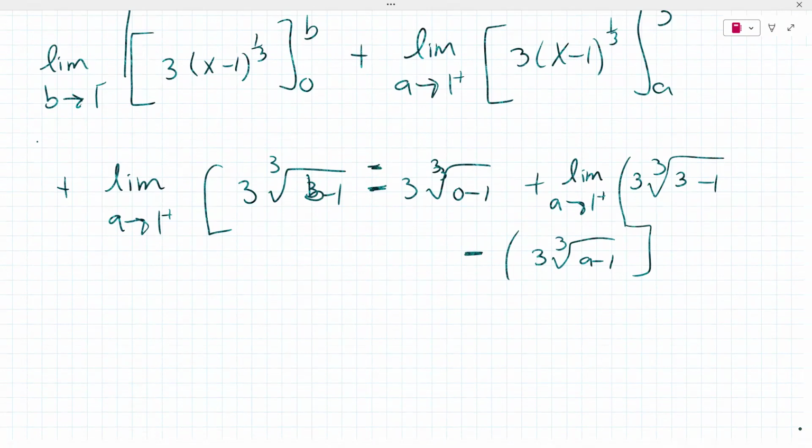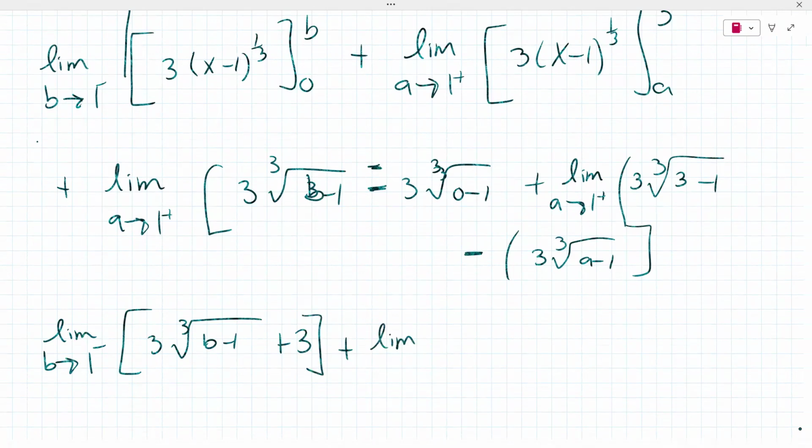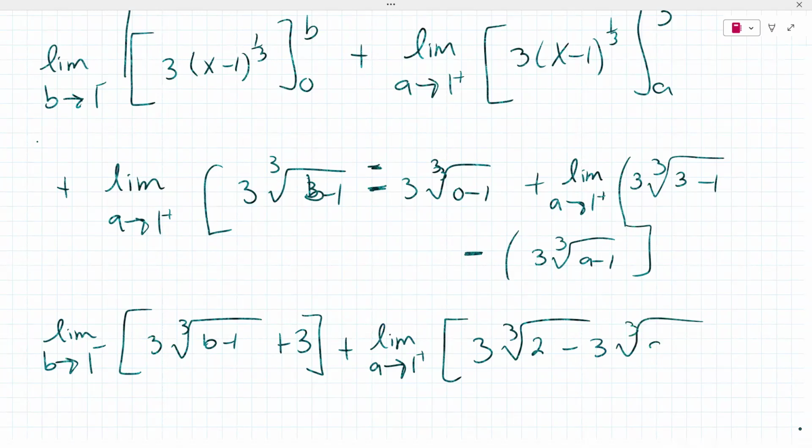You clean it up, it's going to be the limit as b goes to 1 from the left of 3 cube root of b minus 1, plus 3, plus the limit as a approaches 1 from the right of 3 cube root of 2 minus 3 cube root of a minus 1.